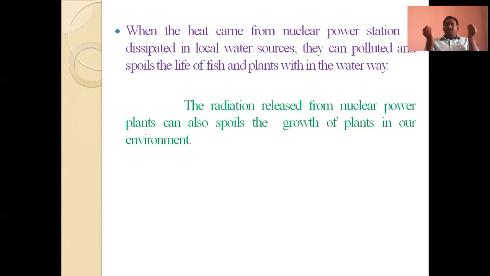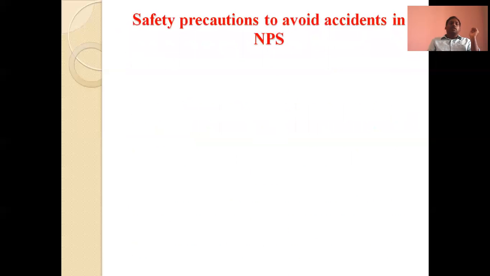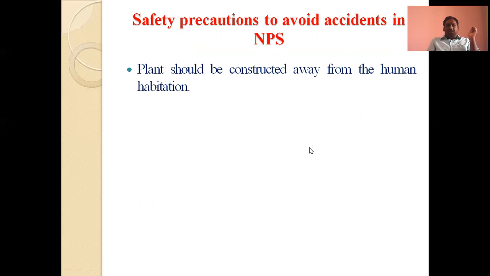So, if nuclear accidents take place, these types of radiation hazards exist in our environment. These types of problems arise in our environment. That's why to avoid these nuclear accidents, we have some precautionary measures for nuclear power stations. What are those? Plants should be constructed away from human habitation.